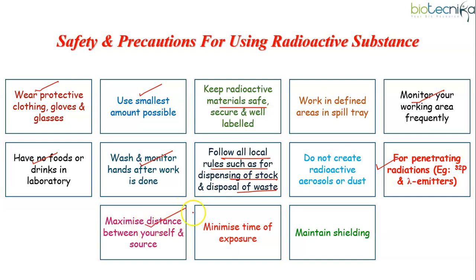It is important that the researchers maximize the distance between the source and himself or herself, and also minimize the time of exposure and maintain shielding. And also no aerosols: one has to make sure that radioactive aerosols are not created while working with them.